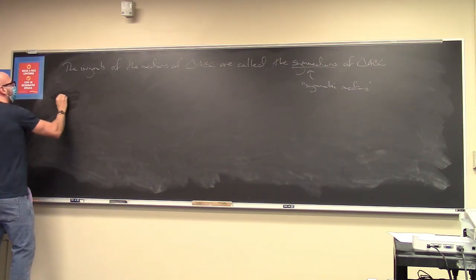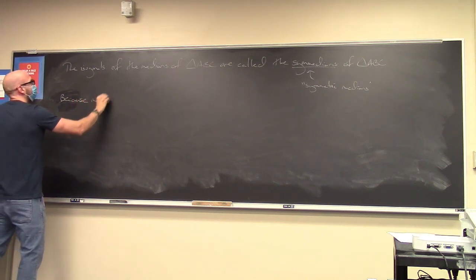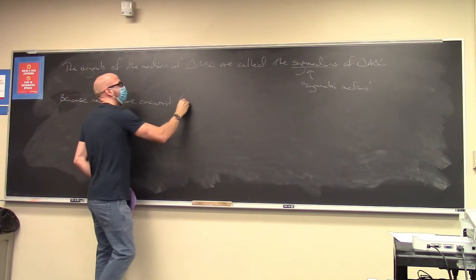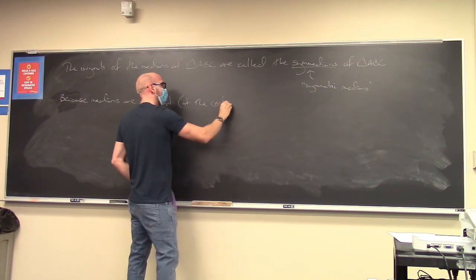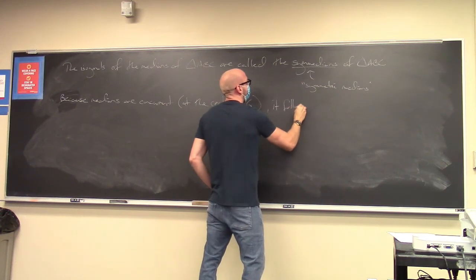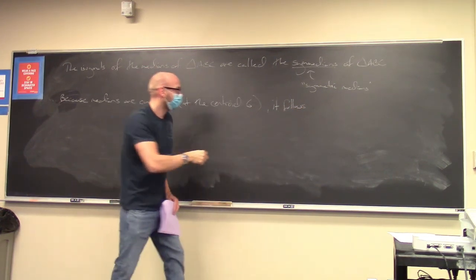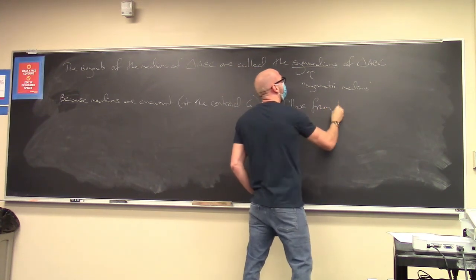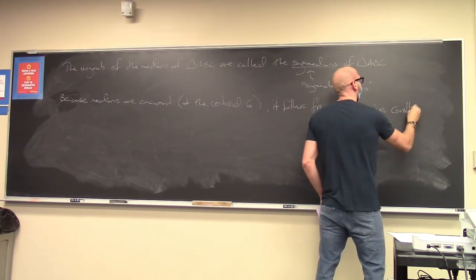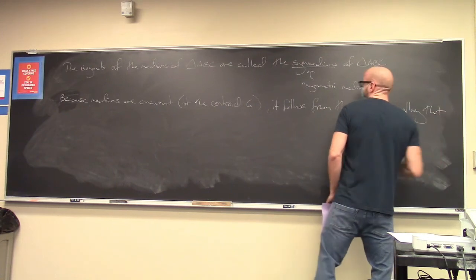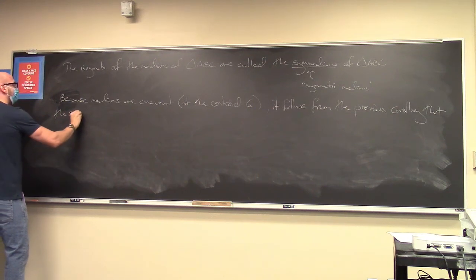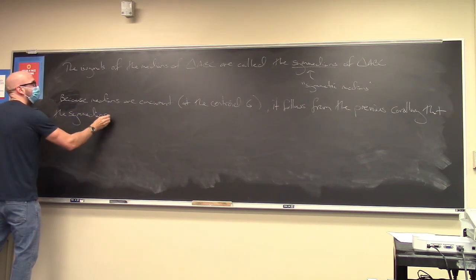So because medians are concurrent at the centroid G, it follows from the previous result, from the previous corollary, that the symmedians are also concurrent.